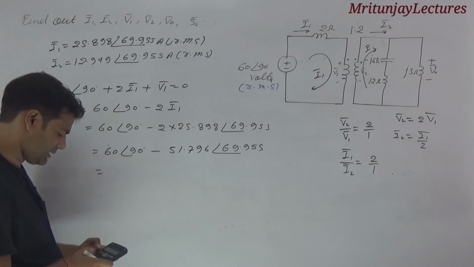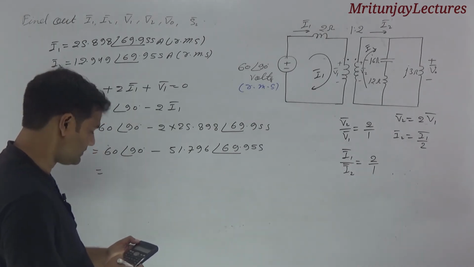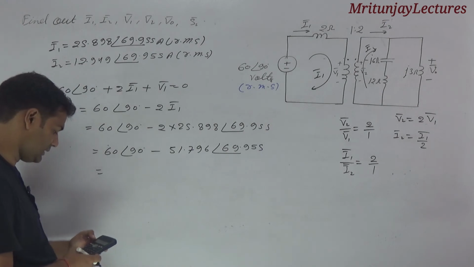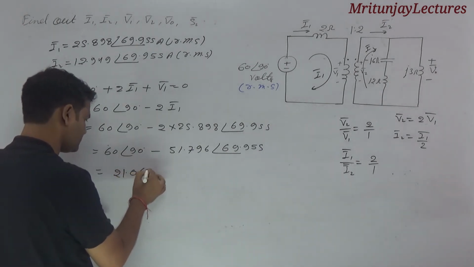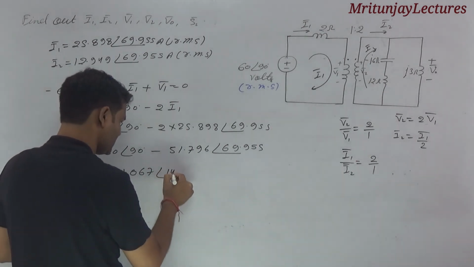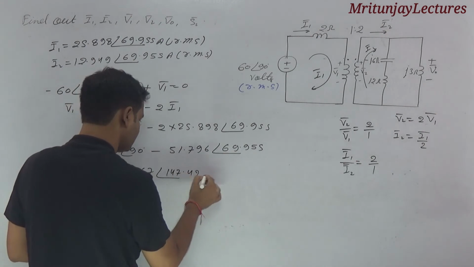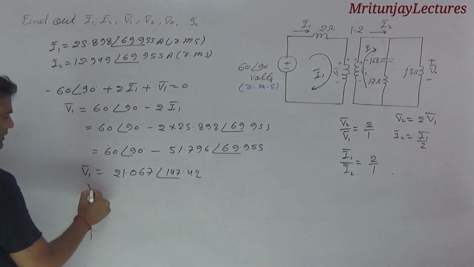Finally we get 21.067 at the angle 147.42, that is V1.